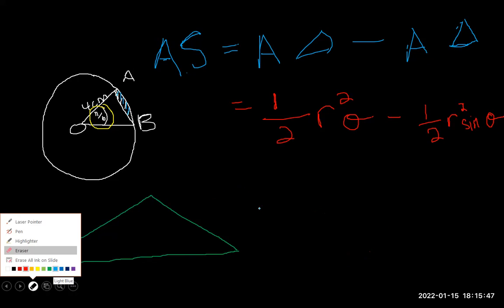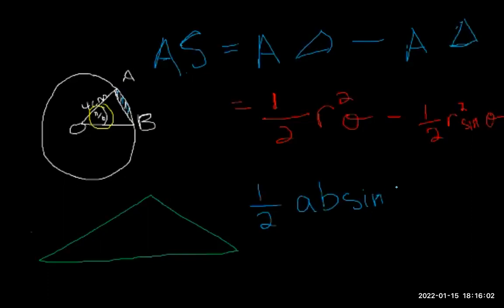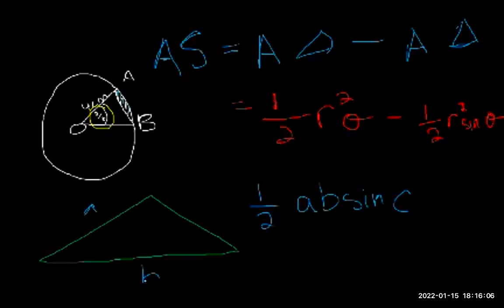Okay. Well, you could just note this now because you would learn it eventually. The area of a triangle that's not a right angle triangle is a half AB sine C, where this would be A, this would be B, and the angle between them is C.